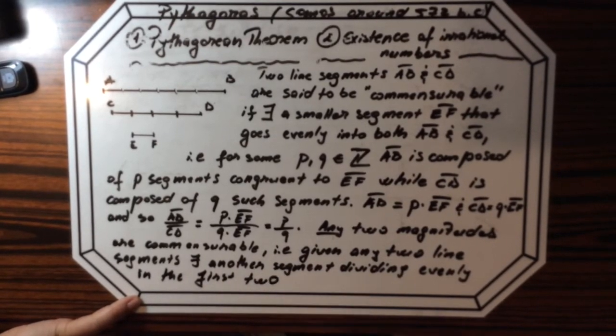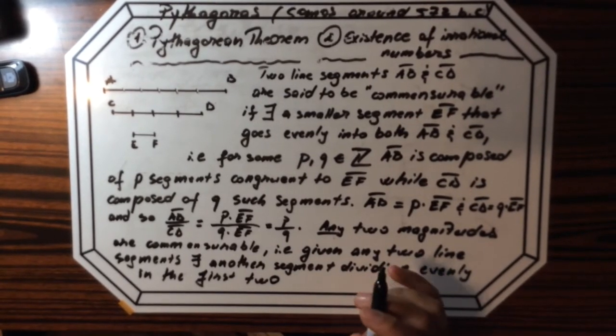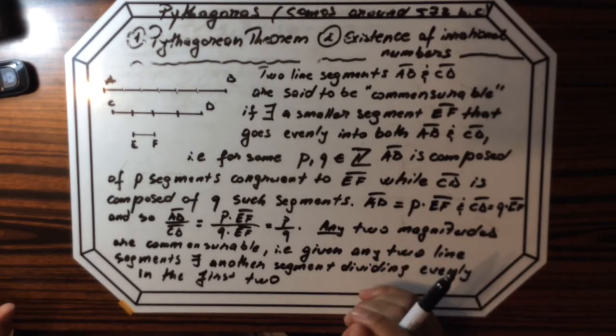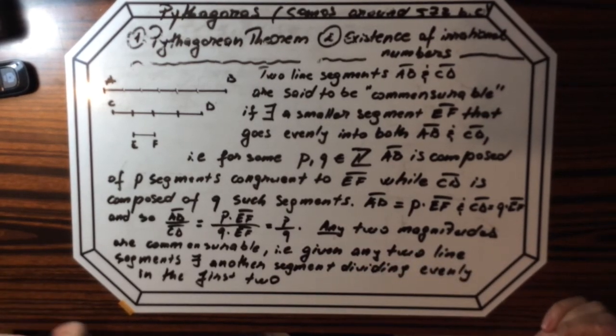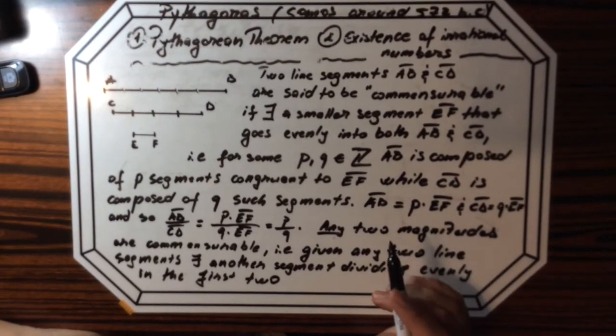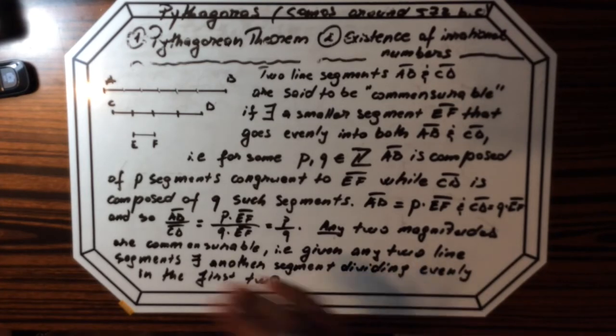So that is the concept of commensurable quantity or length. However, tradition credits the Pythagorean Hippasus with discovering that the side of a square and its diagonal are not, in fact, commensurable.